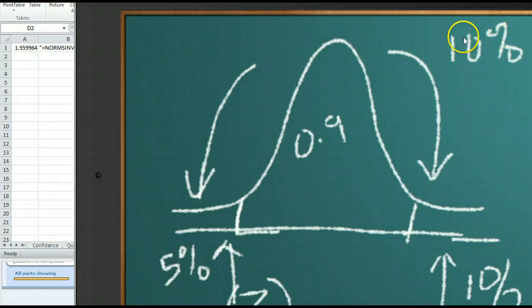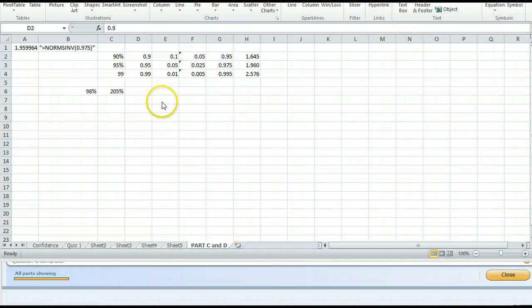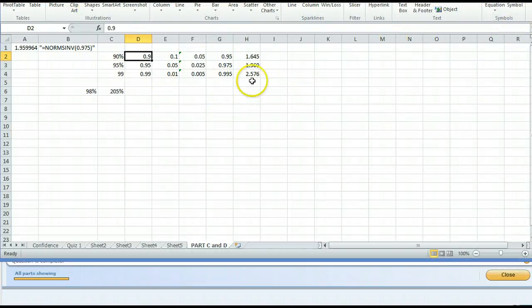So we're going to split this 10 in two and leave 5% on the tail to the left and 5% on the tail to the right. The z value attempts to give you a value for this critical point at which you cut off to leave 90% here. So that's a little background so that this calculation in Excel makes sense.